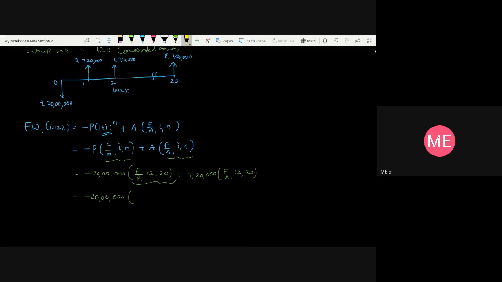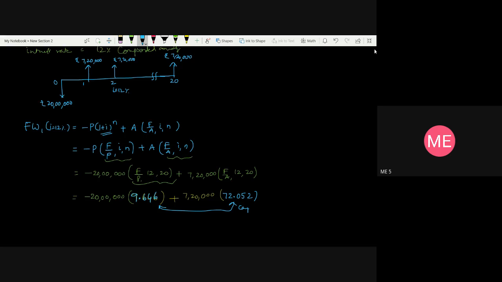Then plus rupees 7,20,000 into F by A comma 12 comma 20, for the interest rate of 12% and the service life of 20 years, and that factor is 72.052. Both are obtained from the compound interest tables.